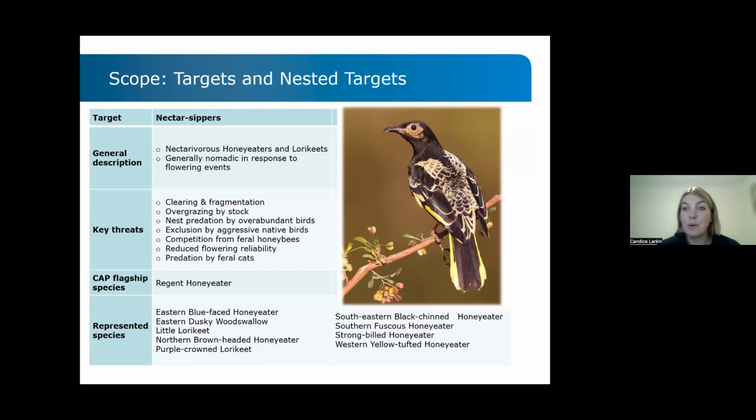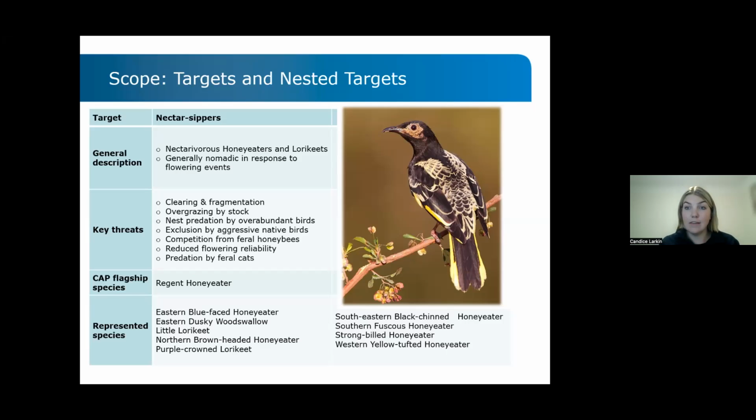Okay. A lot of you are probably familiar with this bird. Another key group that we often hear a lot about is our nectar sippers, and of course the Regent Honeyeater is our flagship species for this group. It's a very tricky bird because, as with most nectar sippers, they're highly nomadic.